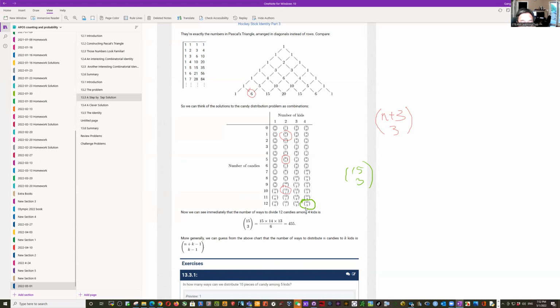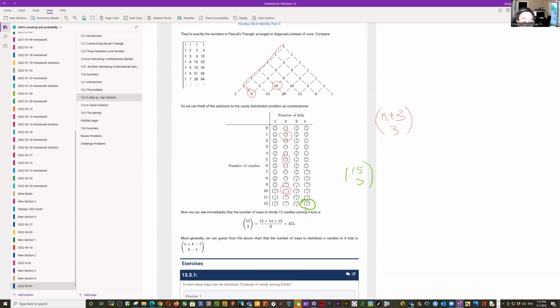So 5 candy follows the hockey stick this way. And then, for example, this one is a 3 kid case.